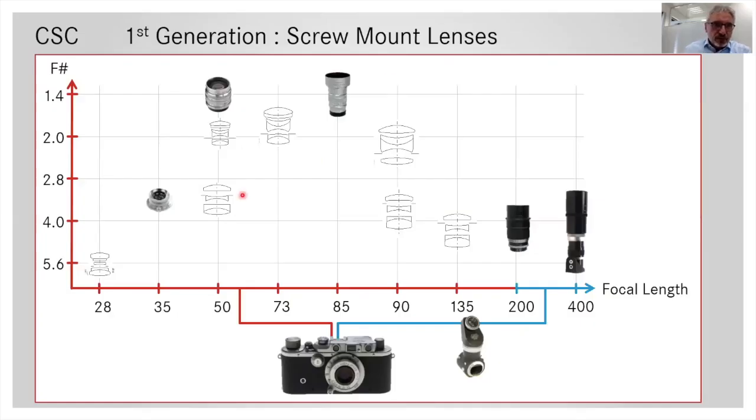These are the 28 5.6, for example, the 50 3.5, and all these things. And this is the lens shape, showing how the setup was done, with how many lens elements, and cemented or not. When you look at that, you can see a certain footprint: we always have 3 groups of lens elements.